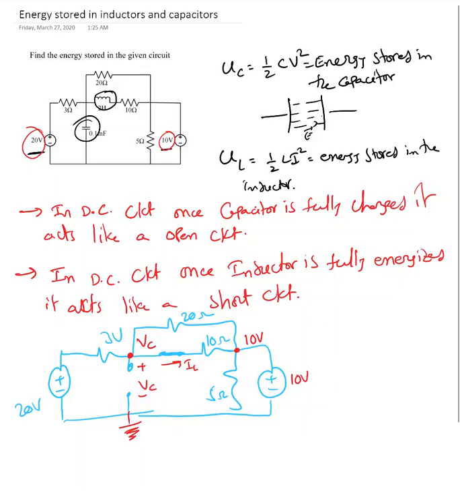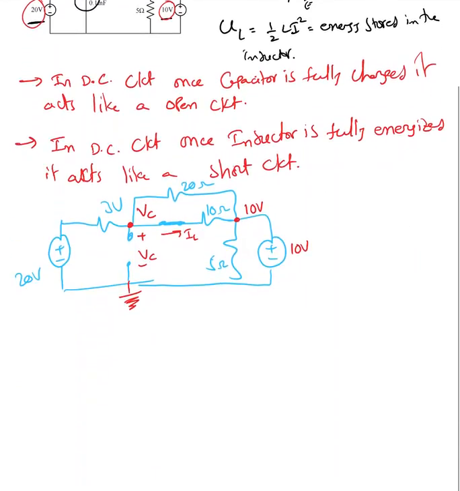Nodal analysis means we apply KCL, Kirchhoff's current law, at VC. I'm going to take every current as going out of the junction. That's I1, this one is IL, and this is I2.